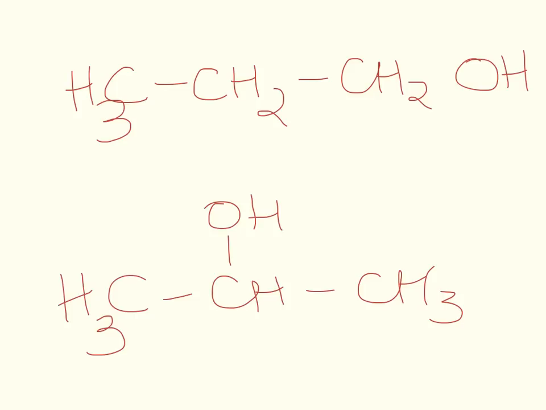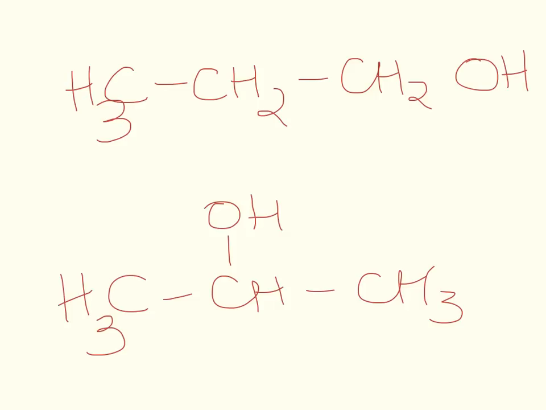Pause the video for a minute and try to answer what kind of isomerism this is. This is constitutional isomerism. Molecular formula is same, but the connection of atoms is different. Now you would call this a propanol.